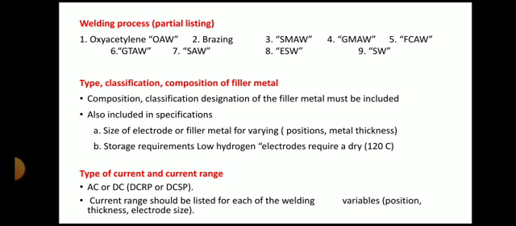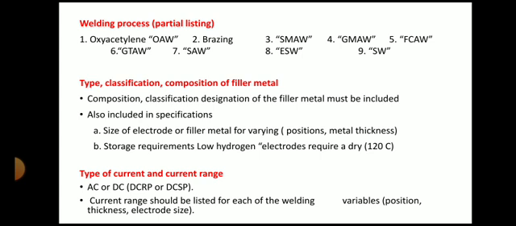You have to mention which welding process you are going to use to weld two different components. Either you can use a single welding process, or you may use two or three different welding processes to join the component.